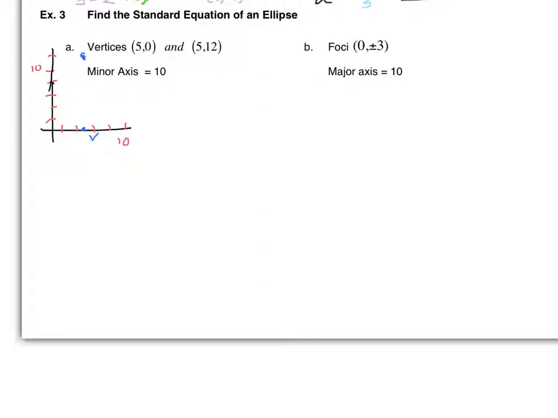So this distance from here to here, isn't that your major axis? What do I know the major axis equals? Well, it equals 2a, right? And in this case, the major axis is what? Vertical?